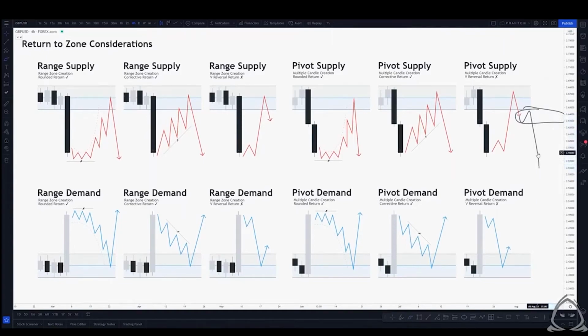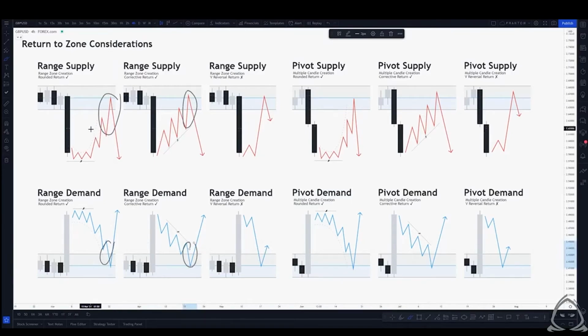And one final thing that I wanted to touch on in regards to return to zone considerations: what you'll often see on the zones that play out the most, and this may sound a little bit confusing initially because I had just said that the V reversal or that aggressive move back into a supply or demand zone tends to be lower probability, is if we're looking at, say, a rounded return or corrective return, if that last leg into the supply or demand zone is relatively impulsive, we see a move that almost puts you off.